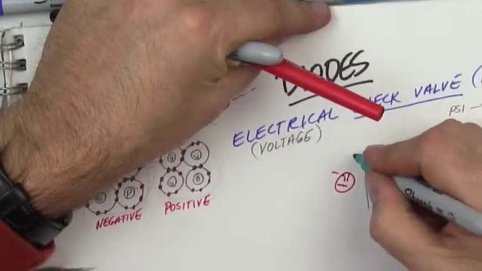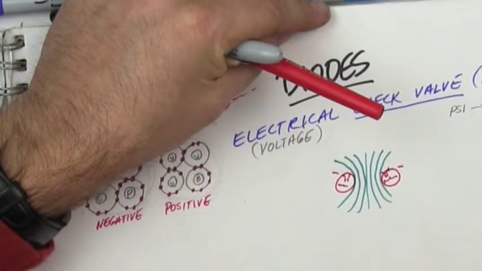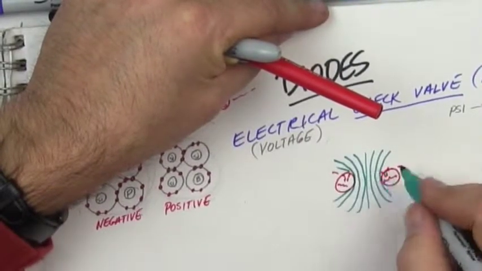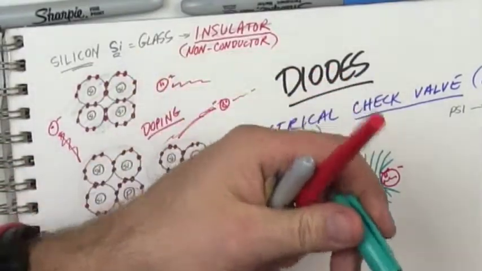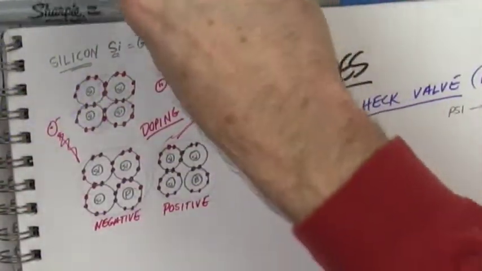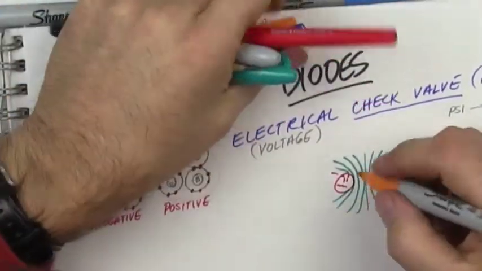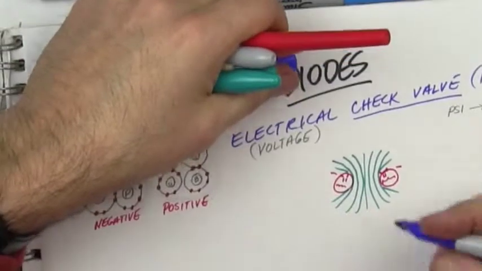I always try to use green for magnetism and charges like that, because I just do. All right, so this force field, whatever you want to call it, it's like a spring, right? I'll use blue. It's like a spring.